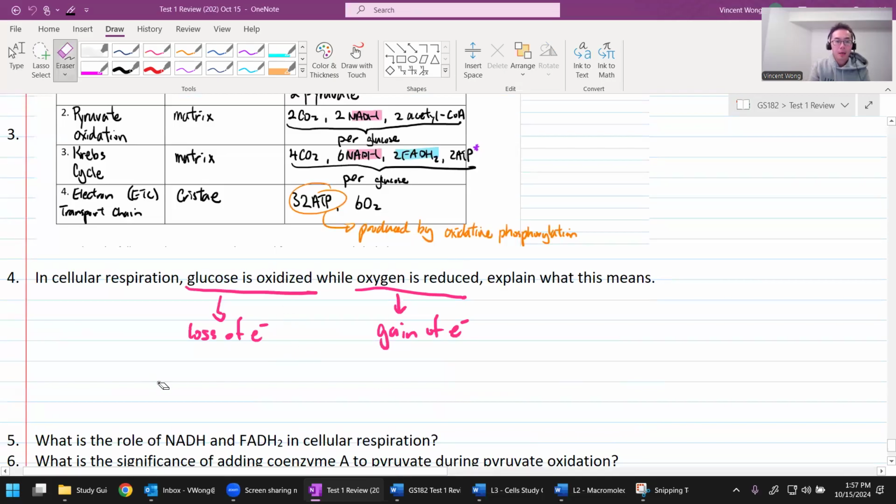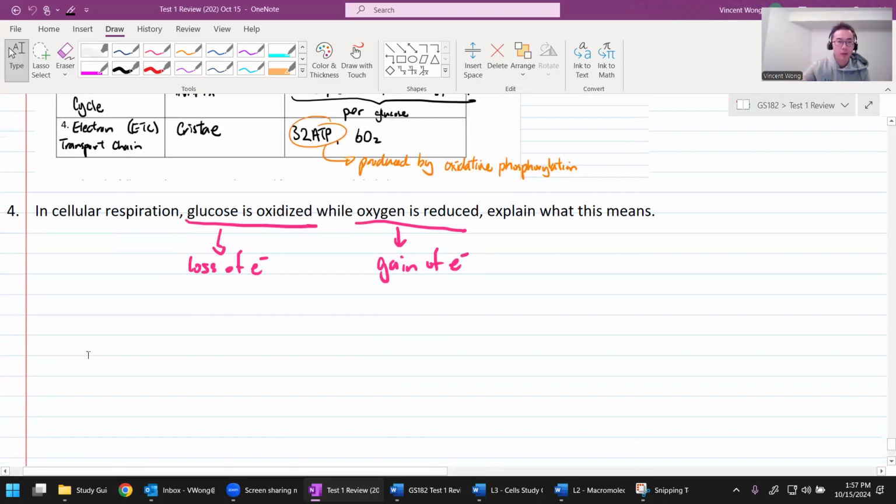Okay. But it's important to remember this transfer of electron is not a direct transfer, right? After our explanation of everything that goes on in cellular respiration, you should know that we started with glucose, and ultimately it becomes carbon dioxide. Along the way, we're going to be releasing electrons.